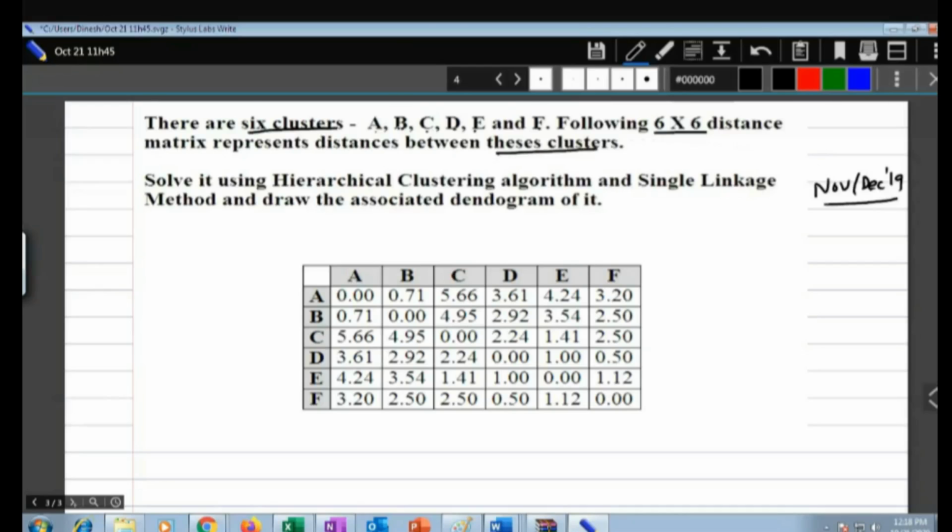So there are only 6 points and the distances are given. Solve it using the hierarchical clustering algorithm and the single linkage method. Here the method is specified as single linkage, and draw the associated dendrogram. If it is asked for 12 marks, probably 10 marks are for solving this and 2 marks for drawing the dendrogram.